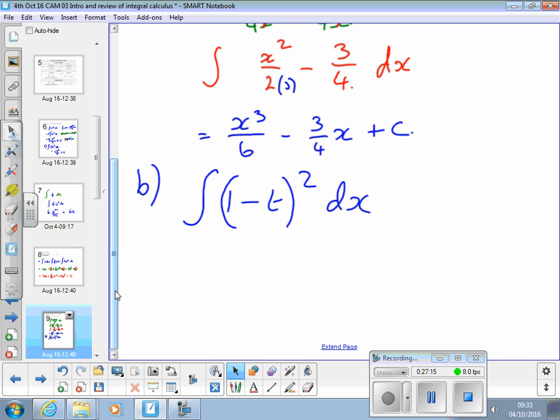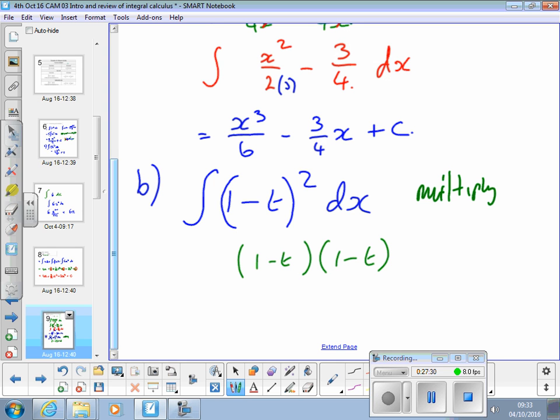Yes, so let's go down this. What you're saying is multiply out these brackets, 1 minus t, 1 minus t. What do we have to do?